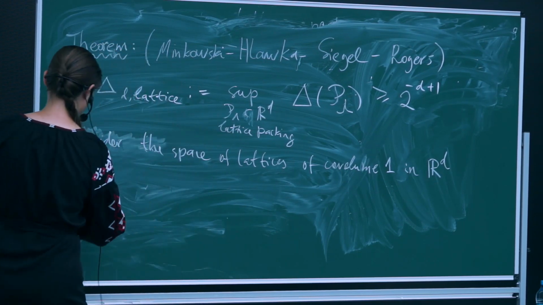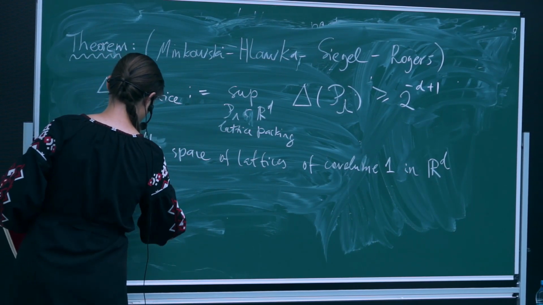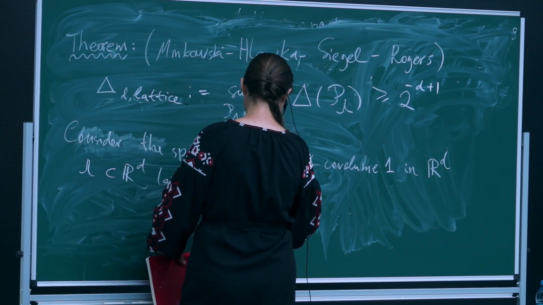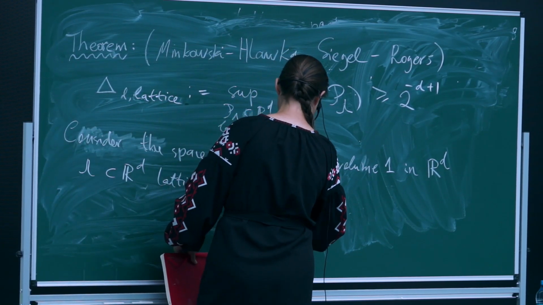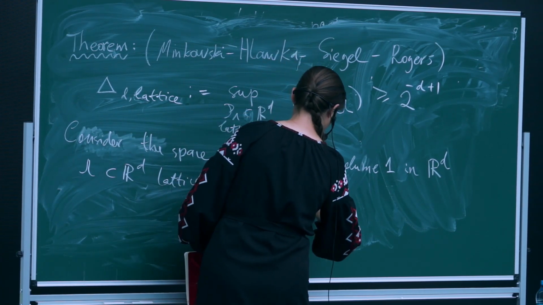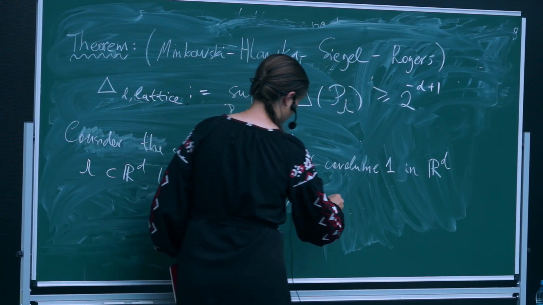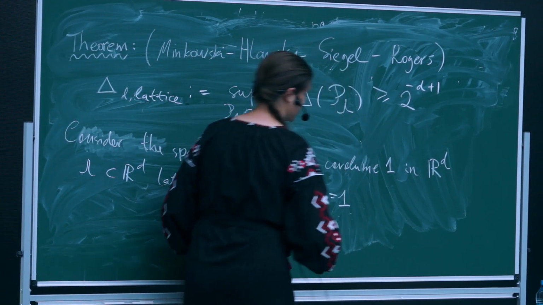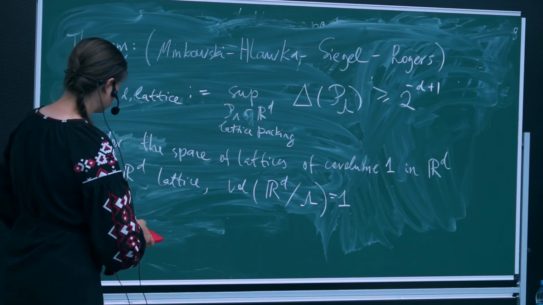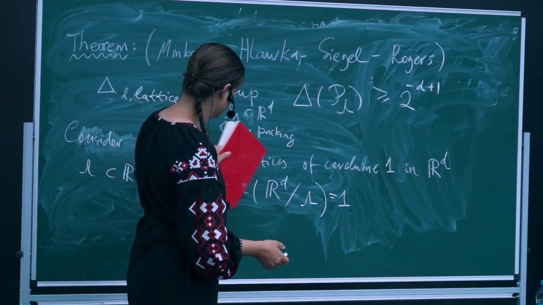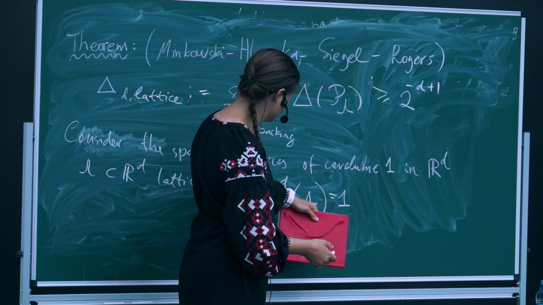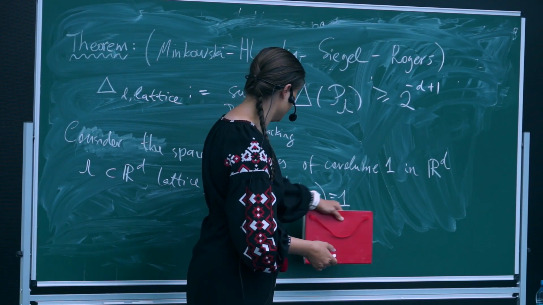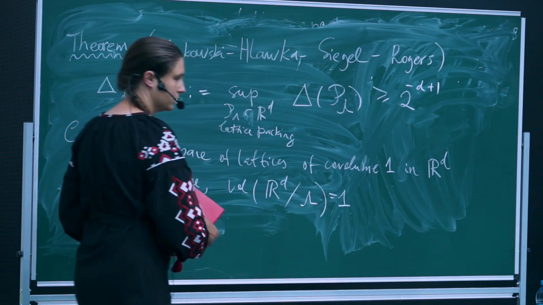Here Lambda would be a subset of R^d; it would be a lattice. And when I write covolume, I mean the volume of the fundamental domain of the Euclidean space modulo all the shifts by the lattice. And we assume that this volume is 1. Equivalently, we can compute a Gram matrix of this lattice and its determinant, and if the determinant is 1, then this volume is also 1.